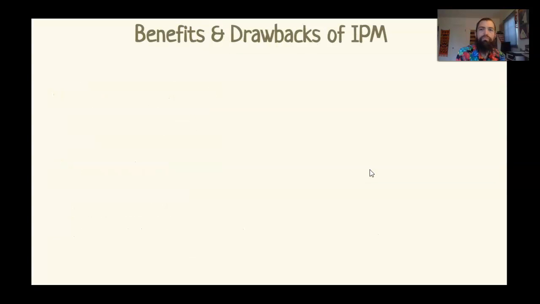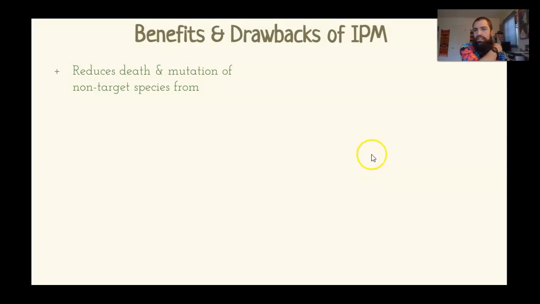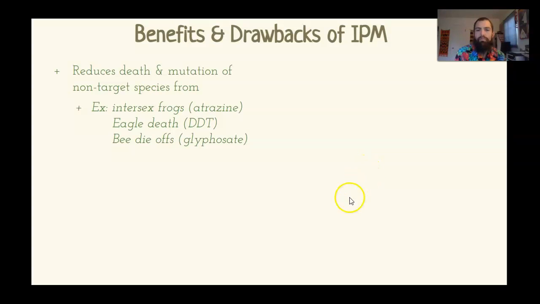Okay? So there's some benefits and drawbacks. This reduces the death and mutation of non-target species from the chemicals that are used, for example. So all of these chemicals really affect wildlife, right? Bees die off.